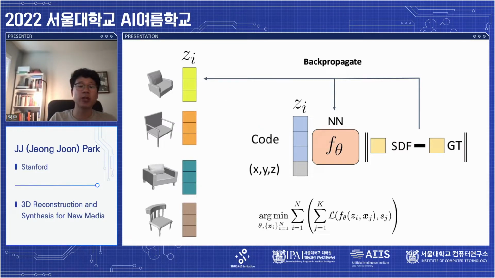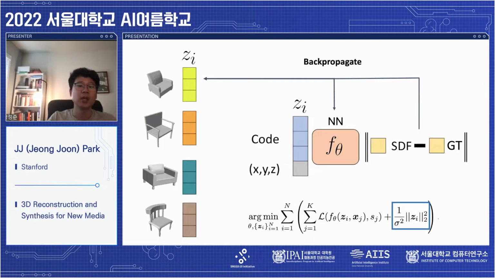In terms of the equation, we minimize the difference between the ground truth and the predicted SDF for all shapes in the dataset. The tunable parameters here are the latent codes Z for each of the objects and the shared network weights. And as I said before, we can add priors on the distribution of the latent codes. A popular one is a Gaussian, shown here.